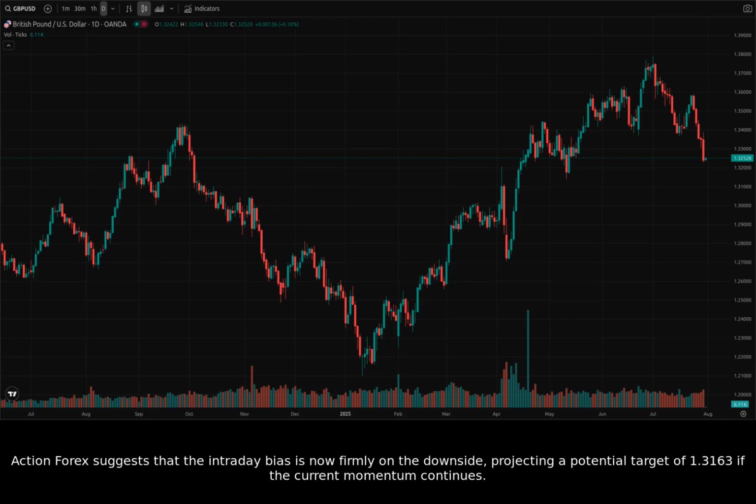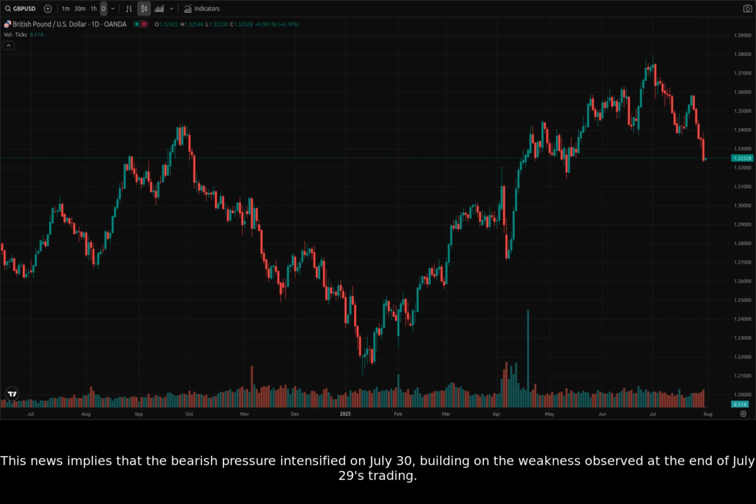Action Forex suggests that the intraday bias is now firmly on the downside, projecting a potential target of 1.3163 if the current momentum continues. This news implies that the bearish pressure intensified on July 30th, building on the weakness observed at the end of July 29's trading.